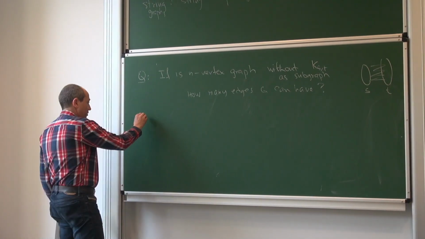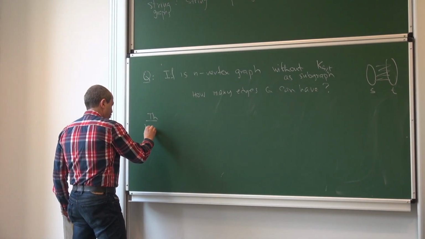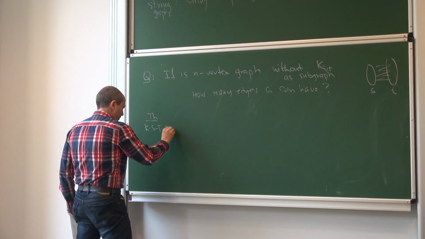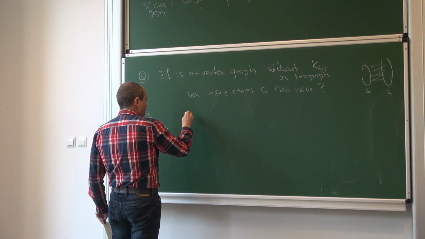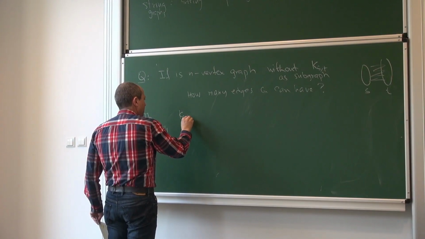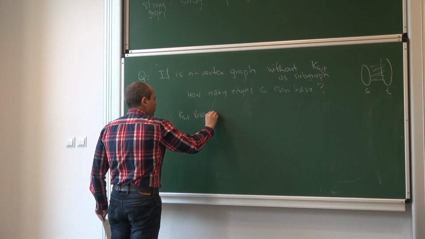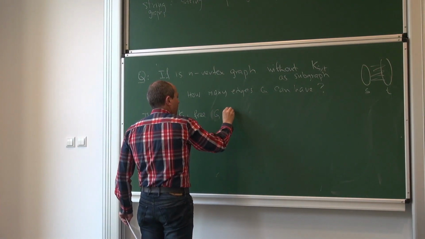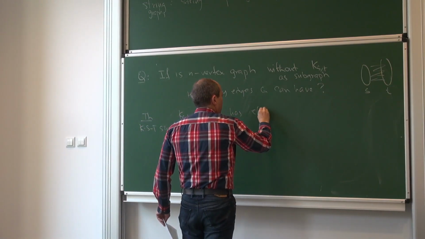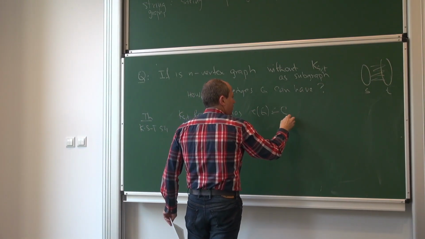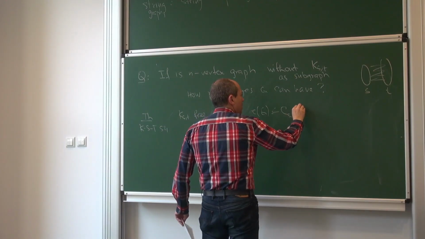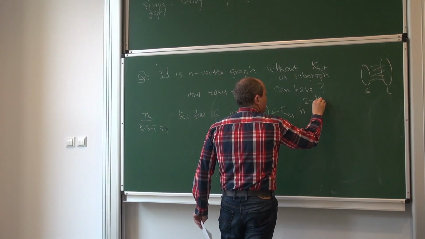And we know this famous theorem of Kővári, Sós, and Turán, I think from '54. Then the number, right, if G is K_{S,T}-free, then G has at most some constant which depends on S and T, times n^{2-1/S} edges.